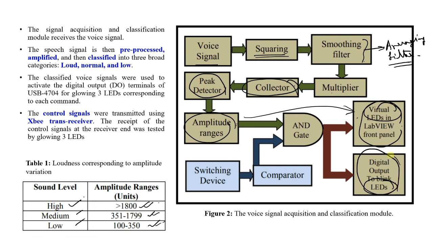Now the problem is that when we are talking with each other, how does the system know whether we are talking with a person or trying to communicate with the device? In that case, a switching device was incorporated, and the output of this switching device was put into the AND gate.